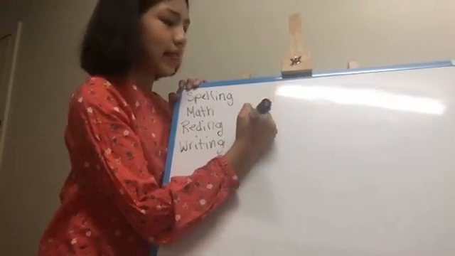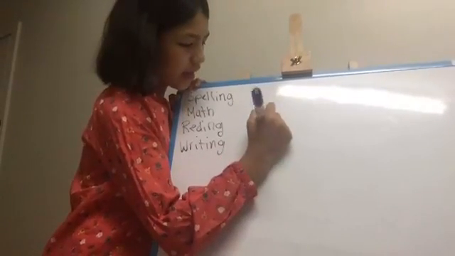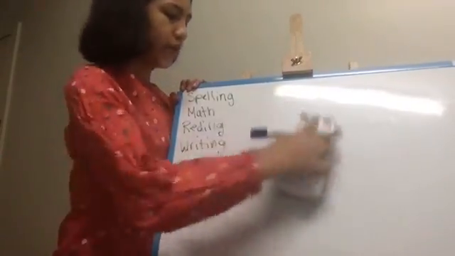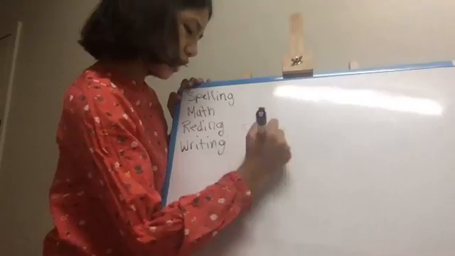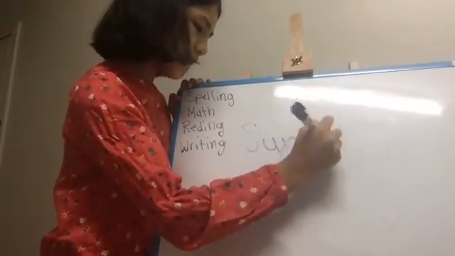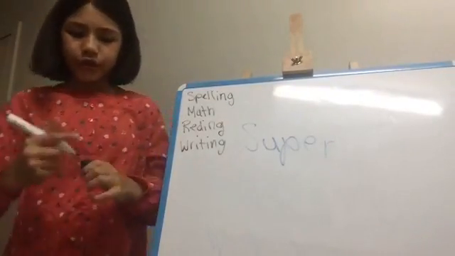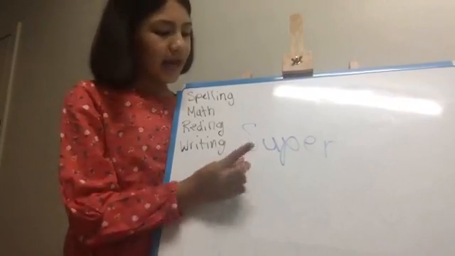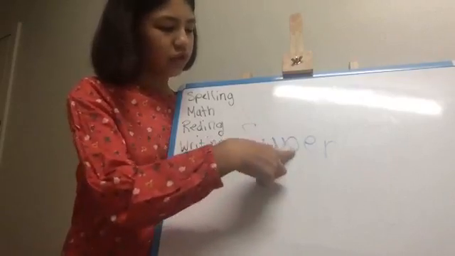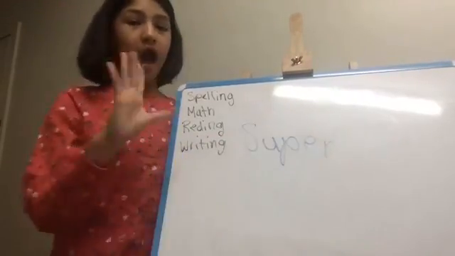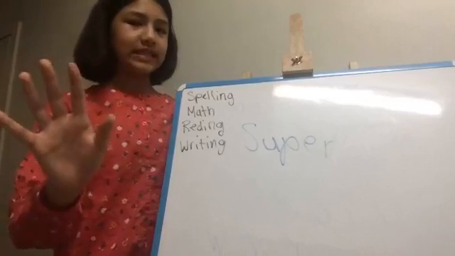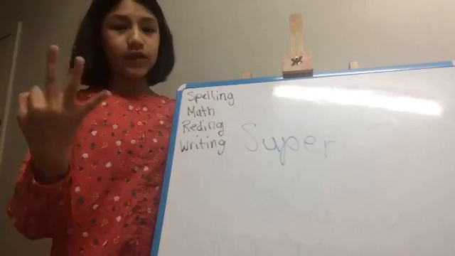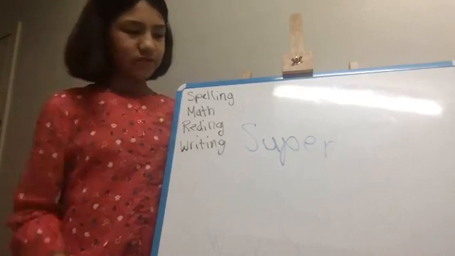So, let's try the word super. Sorry. Let's try the word super. So, super is only one word, but it has 1, 2, 3, 4, 5 different letters, and there are only 3 consonants, so that would make 2 vowels.